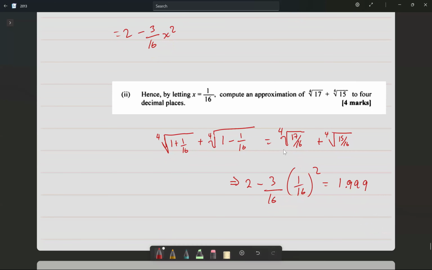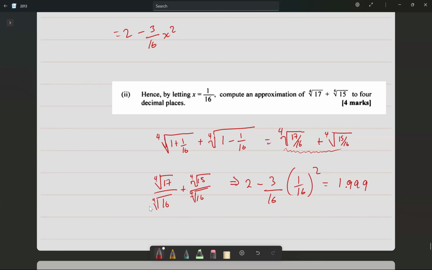We found this, but that's not what they have. So we need to say, okay, this part is then the fourth root of 17 over the fourth root of 16, plus the fourth root of 15 over the fourth root of 16.